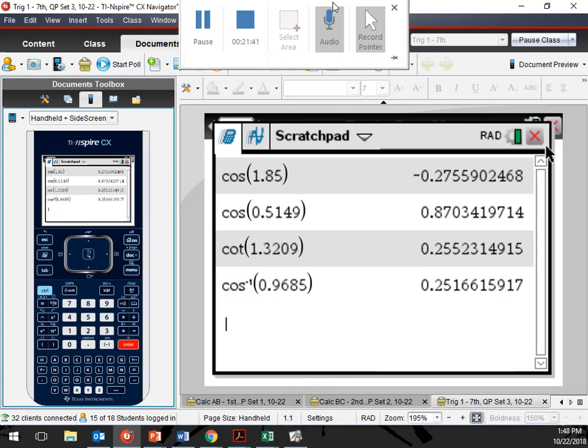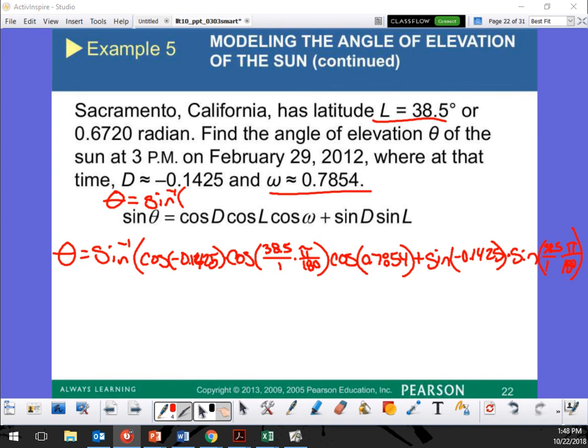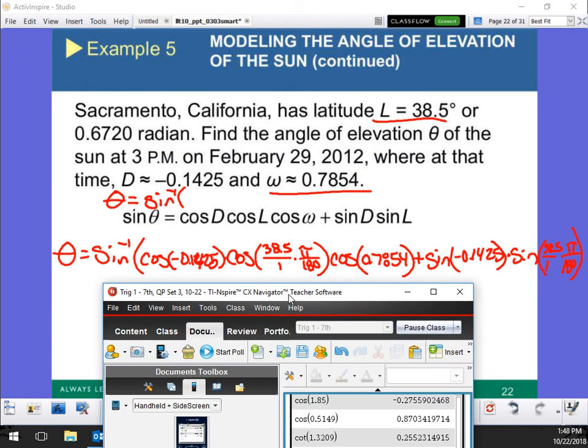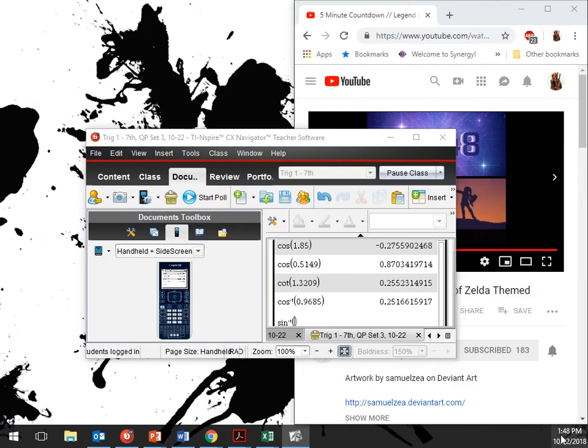I'm doing it on the calculator right now. All right, so we get inverse sine. Let me move this over here so I could actually read it.